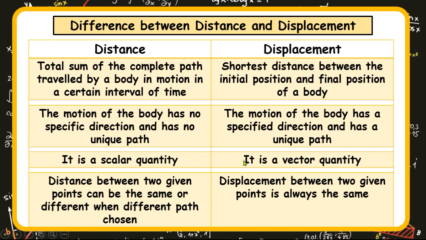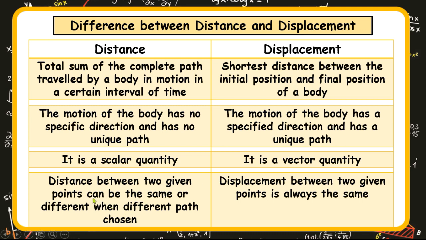Whereas displacement is said to be a vector quantity, which simply means that quantity has both magnitude and direction. You can give it a quantifiable number, a numerical value, and as well assign a direction to it.